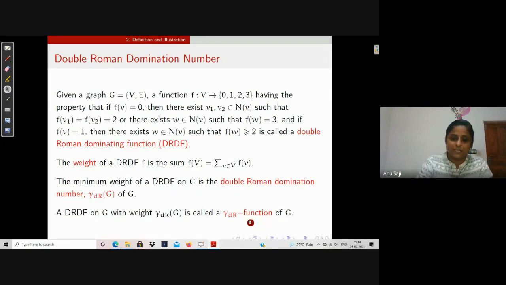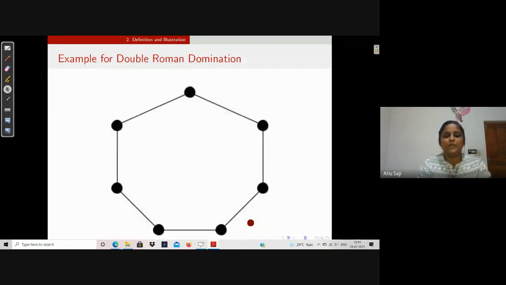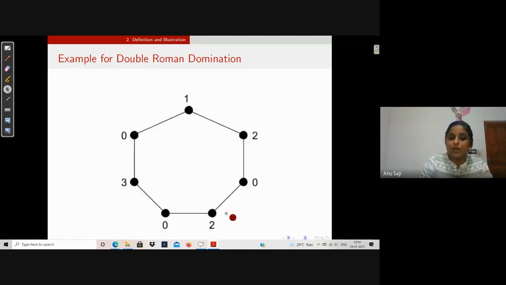Okay, we can illustrate with one example. Consider C7. We have to assign values 0, 1, 2, 3. A vertex with the value 0 must be adjacent to either a vertex with the value 3 or two vertices with the value 2.